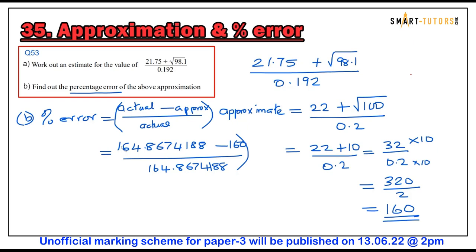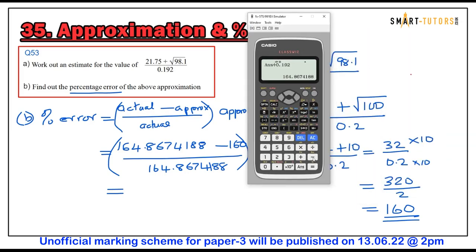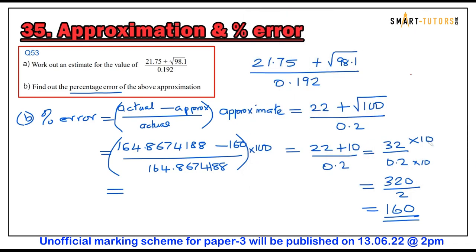Then multiply all the numbers by 100 to get the percentage error. I'm just using that, taking away 160 and dividing by 164.8674188, and that answer is 2.95 percent.